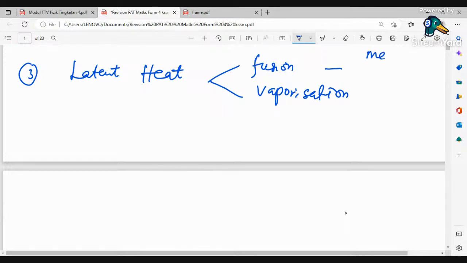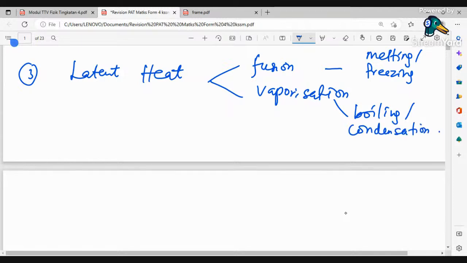Fusion ialah untuk melting, peleburan ataupun freezing. Ini dua proses kita panggil fusion. Vaporization ialah proses boiling ataupun condensation. Evaporation pun boleh. Maksudnya change from liquid to gas or gas to liquid. So itu beza je.